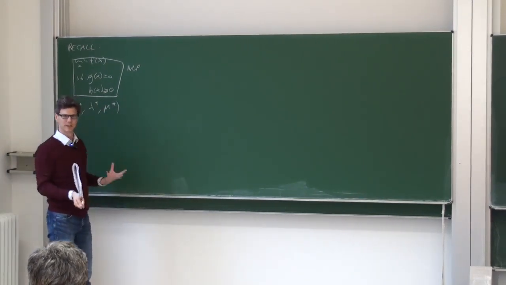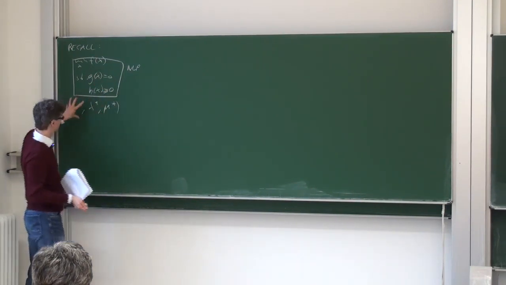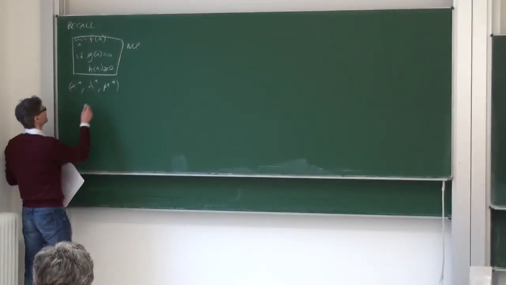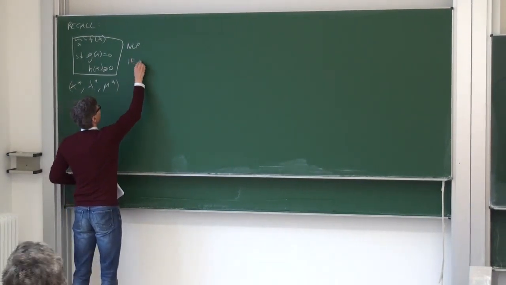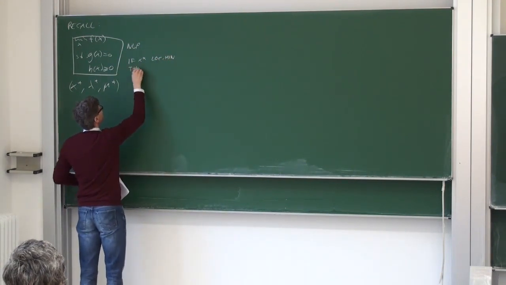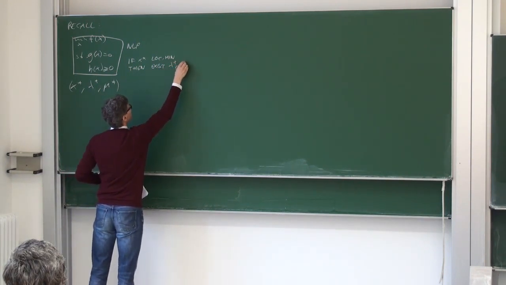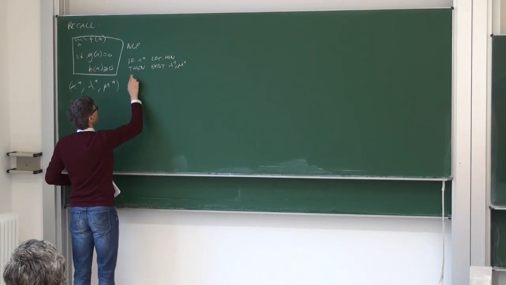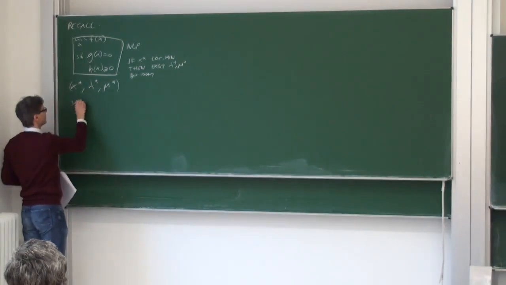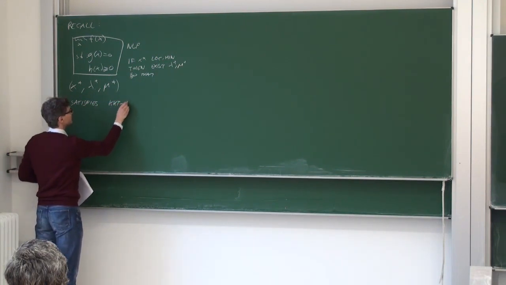So the theorem was: if x star is a local minimizer, then there exist lambda star and mu star so that this triple satisfies what we call the KKT conditions.